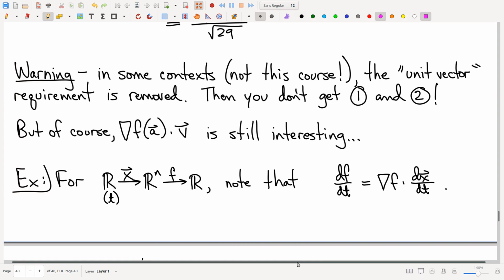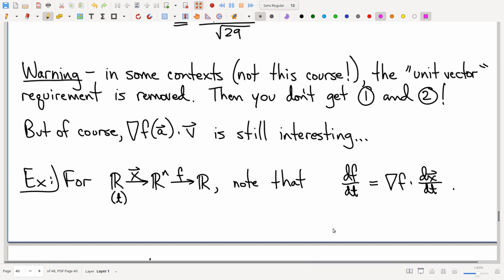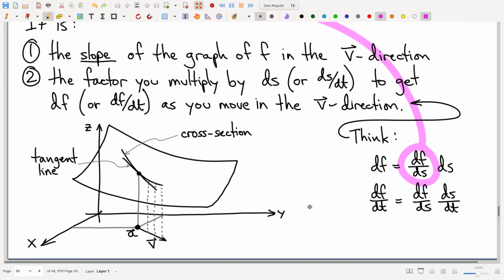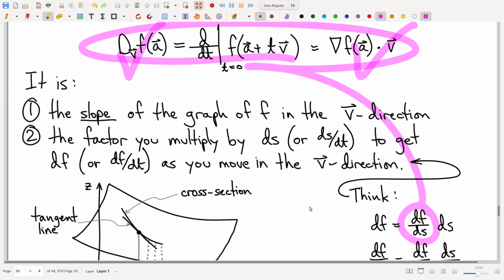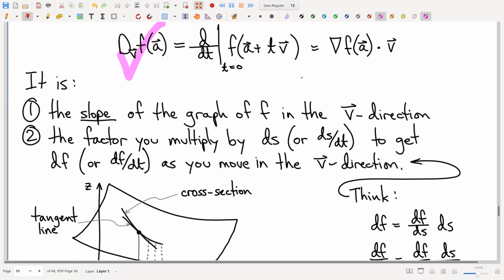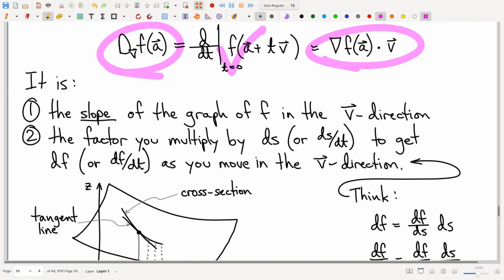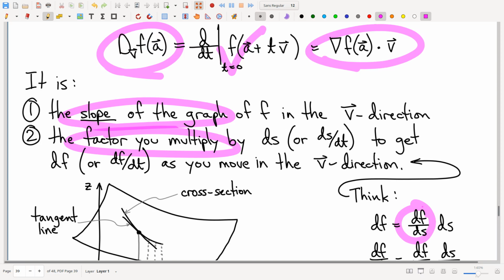In this class, we've already got an established choice. This notation means this formula, which you can compute with that formula, which you can interpret as slope of the graph, which you can view as a multiplicative factor, which you can interpret as DF/DS.